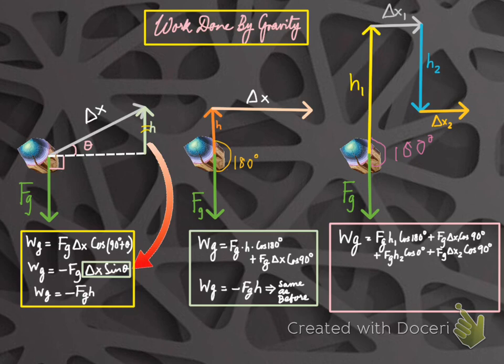Now cosine 90 happens to be 0, so we see that for the two horizontal displacements, delta x1 and delta x2, gravity does no work.